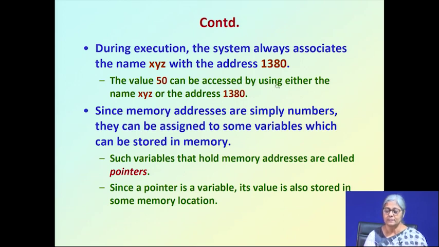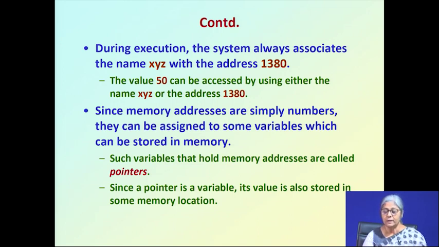Value 50 can be accessed by using either the name xyz or the address 1380, because the value 50 is kept there. If we know the address is 1380, then I can use this address because it is the same: the address of xyz is 1380.